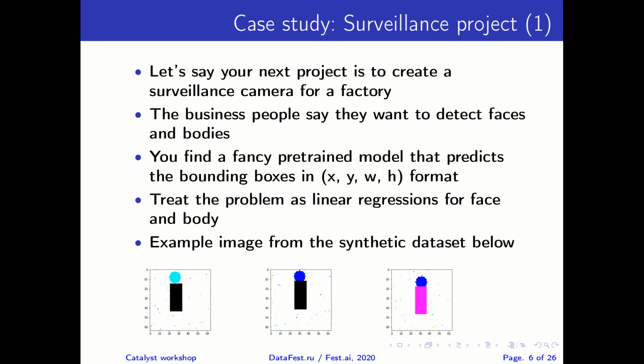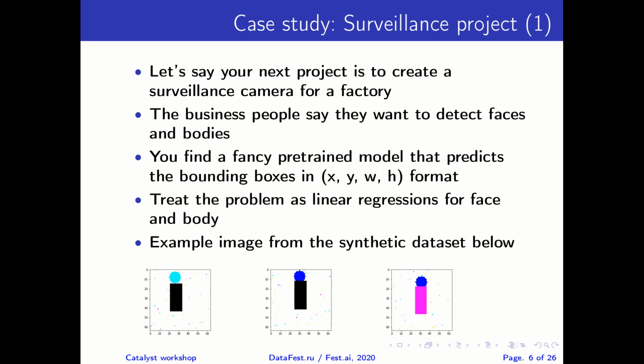So the first step would be to find a model which can predict the bounding boxes, for example in XYWH format. This means that the output of the network would be the top left point in XY, and then the width and height of the bounding box.